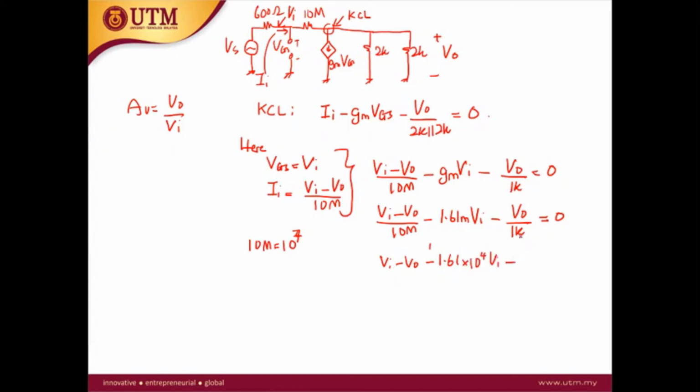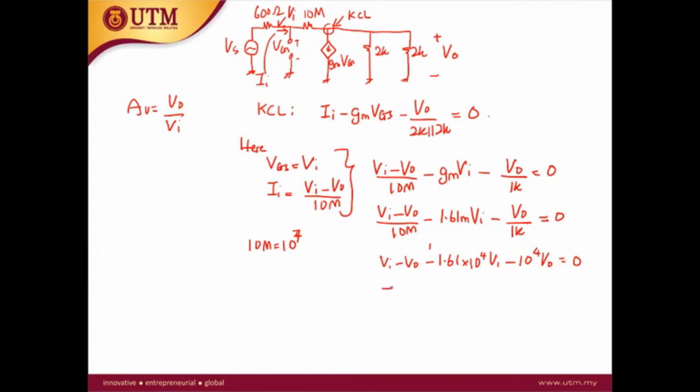And this one will also become 10 power of 4. Okay. So for this one, VI is 1 minus 1.61 times 10 power of 4. So this is almost equal to 1.61 times 10 power of 4.